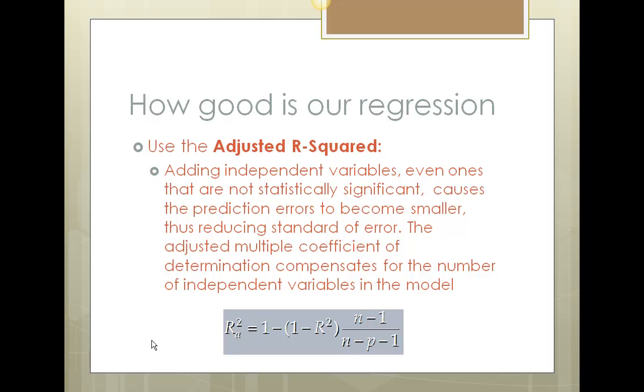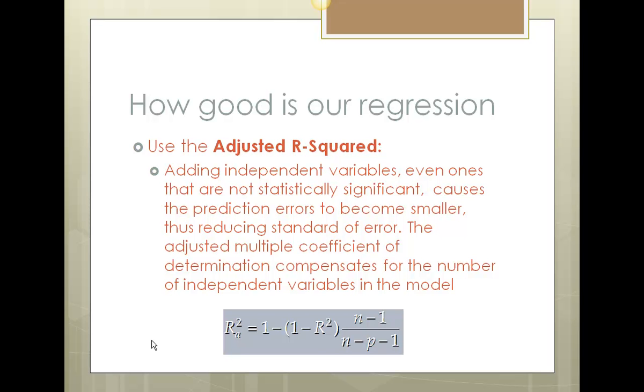Adding independent variables, even ones that aren't statistically significant, causes the predicted errors to become smaller and thus reduces the standard error. The adjusted multiple coefficient of determination compensates for the number of independent variables in the model. In other words, as you increase the number of x's, R squared gets artificially higher, even if those new independent variables have no impact on y.